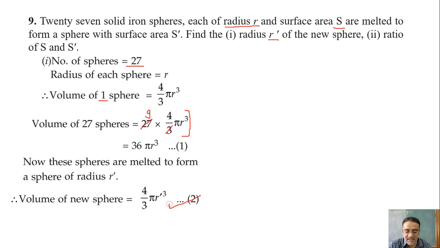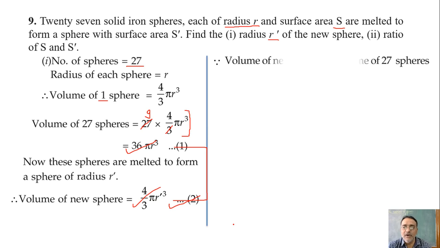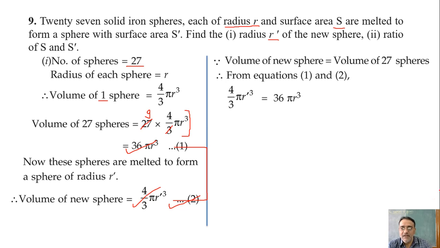Whether this is clear? Yes, sir. And this will be equal to this one, because we converted these same spheres into this. So volume of the new sphere will be equal to volume of 27 small spheres. So from equation 1 and 2 we can write this. Whether this step is clear? Yes, sir.